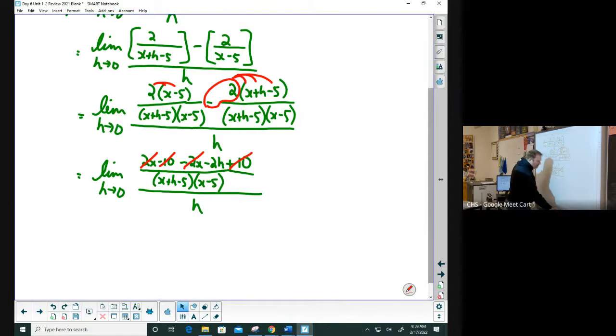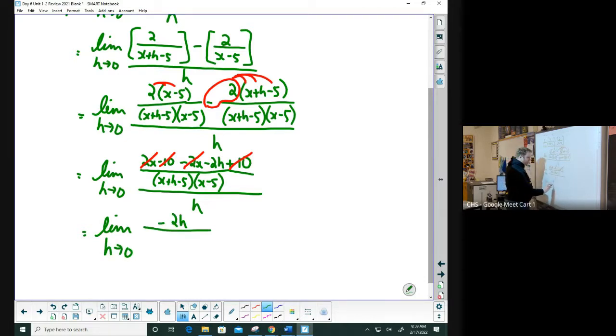That means it's going to leave me with only a minus 2h on the top, and then it's all being divided by h.